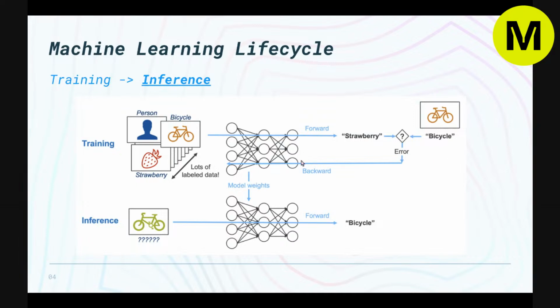The final output of this training phase will be a model with different weights, a matrix that can predict new data. For example, in your training data set, you have a strawberry and a bicycle, and in the training phase they make sure that if someone puts in a strawberry as the input, the model will know that a strawberry looks like this, not like the bicycle.